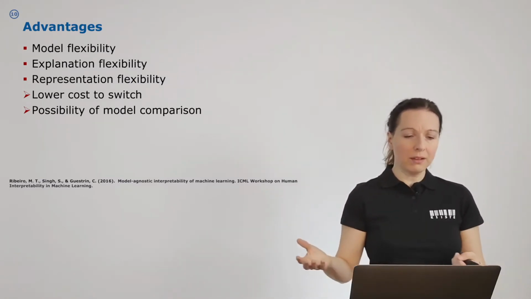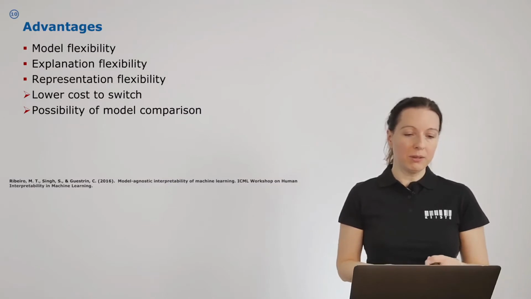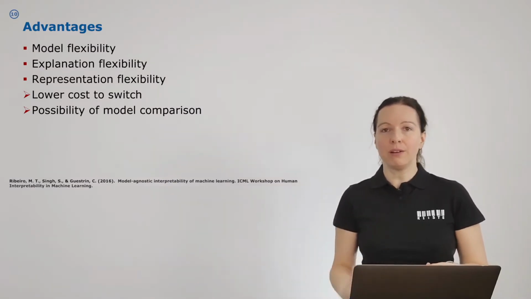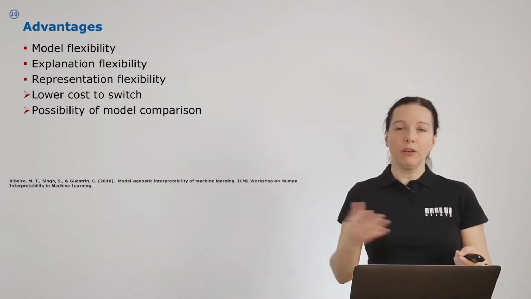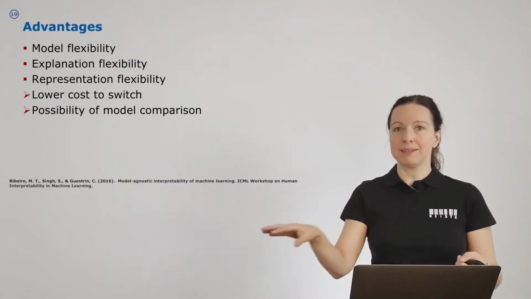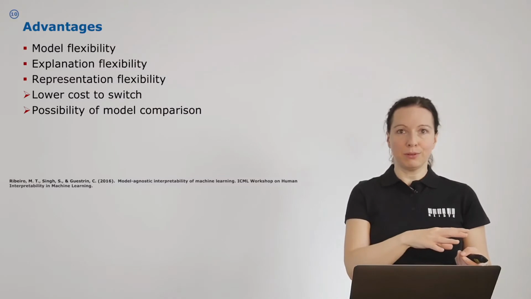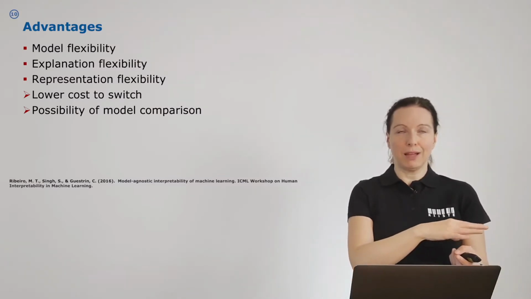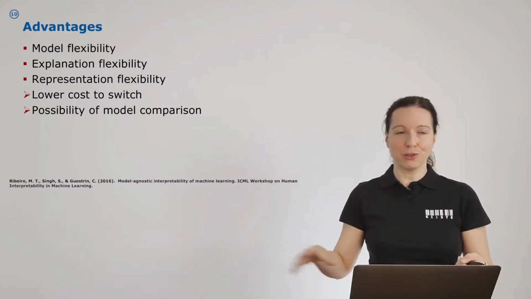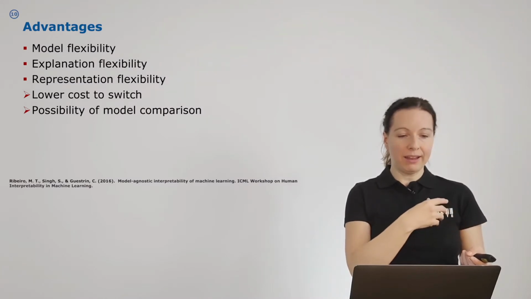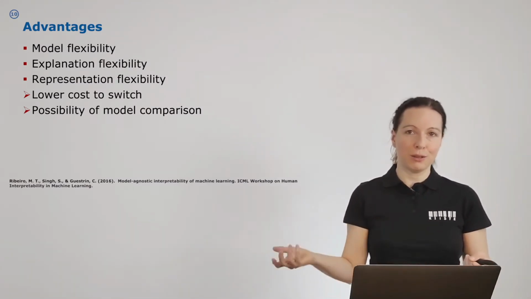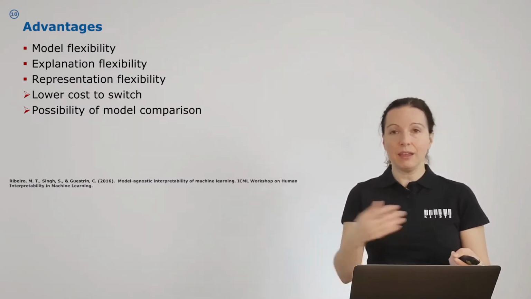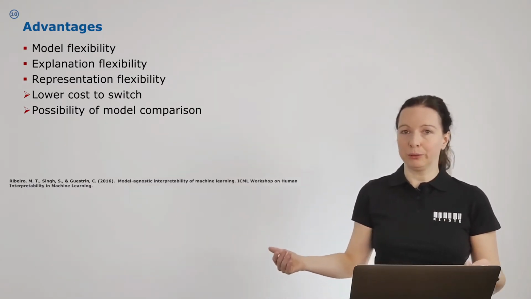So that's super easy, and you have the possibility of model comparison. So even if you have different kinds of machine learning models, if you have a model-agnostic approach, you can apply model-agnostic approaches to get the same kind of interpretation, irrespective of the kind of model.